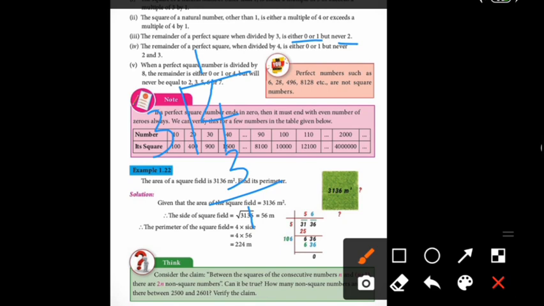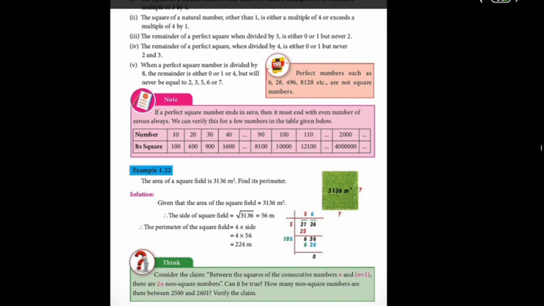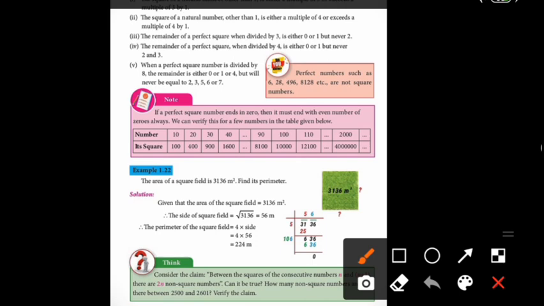Right? And then the next, fourth subdivision. The remainder of a perfect square when divided by 4 is either 0 or 1 but never 2 and 3. Let us take 9. 9 divided by 4 is 2 times. 4 2s are 8.